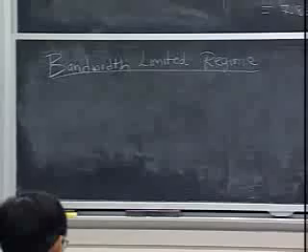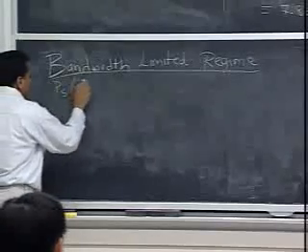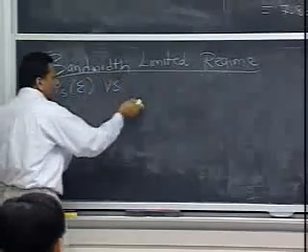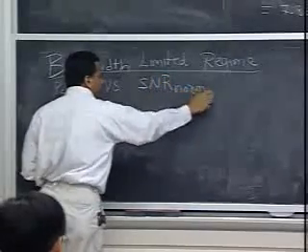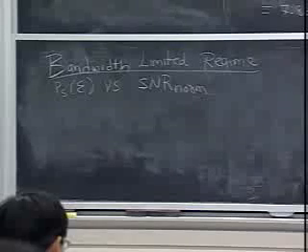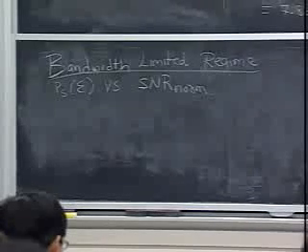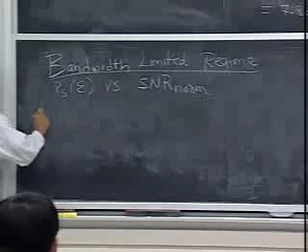Now in the bandwidth-limited regime, the trade-off is PS of E as a function of SNR norm. Okay, so that's the trade-off we seek. And the baseline system we will be using is an MPAM system.